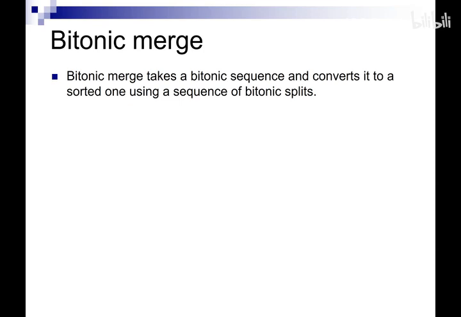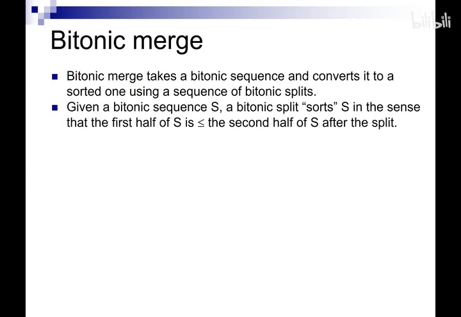A bitonic sequence is not quite sorted, because it can increase and then decrease. But the bitonic merge is going to convert it to a completely sorted sequence, and it does this using a sequence of these bitonic splits.